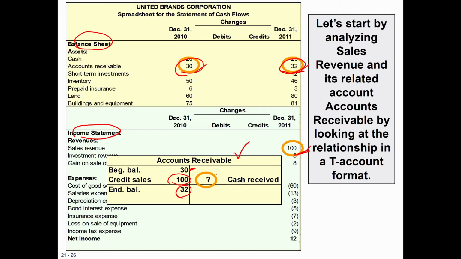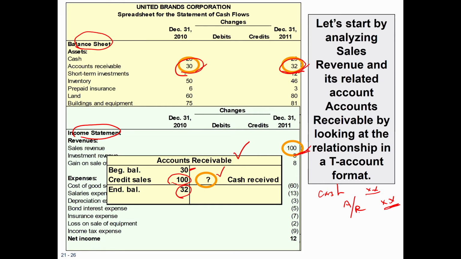This part here is the cash received. When we receive cash, we debit cash and credit accounts receivable. So the total cash received from customers should be the same as the total credit to accounts receivable.